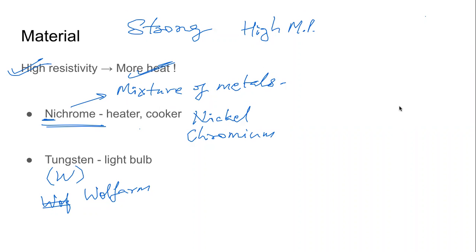They should conduct electricity, yes, but they should also offer high resistance so that it produces heat. At the same time, we don't want that metal to melt, break. So we need those materials which are strong, which have high melting point, which have high resistivity, and they can conduct electricity. Those are the type of metals that we are looking for to produce heat using electricity.